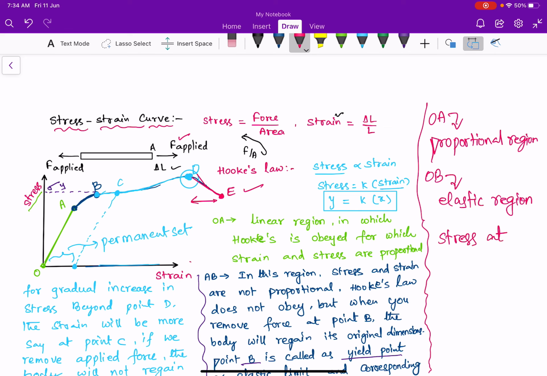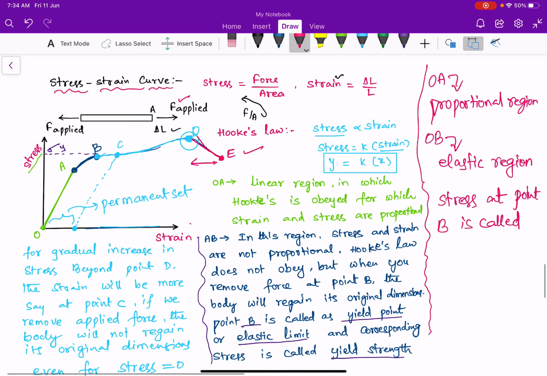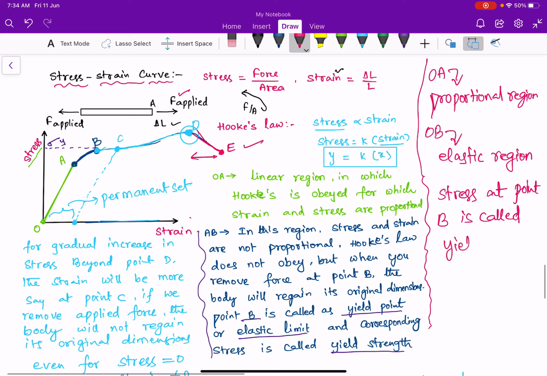These are the conclusions. Stress at point B is called yield strength.